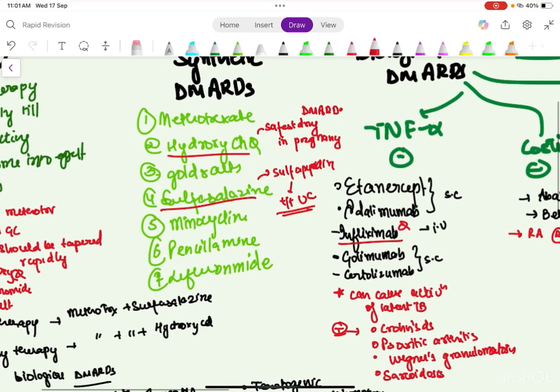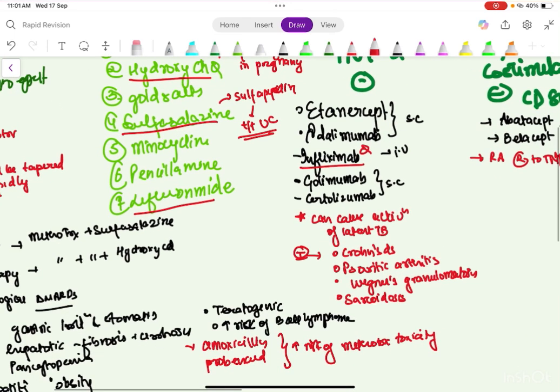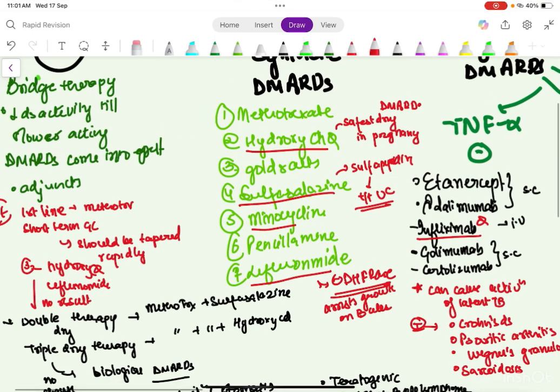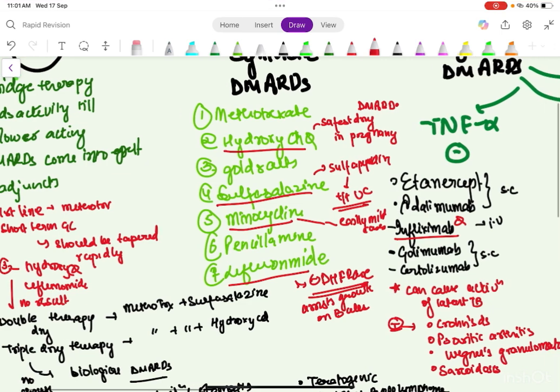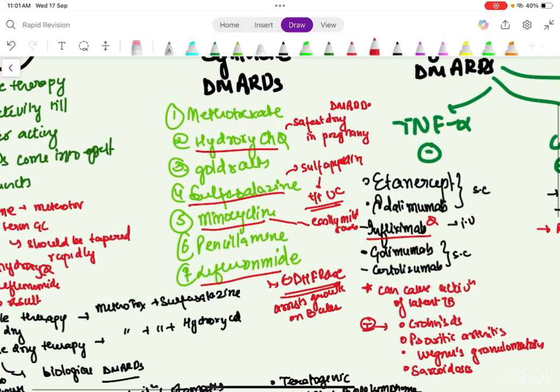Then leflunomide inhibits DHODH, which is required for pyrimidine synthesis. Basically it arrests the growth of B cells. Minocycline is given in early mild cases. So all of this completes most of it.